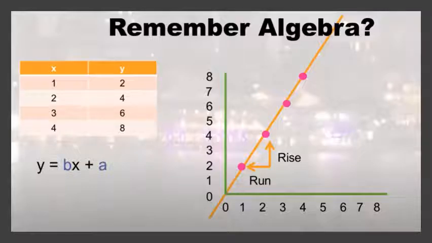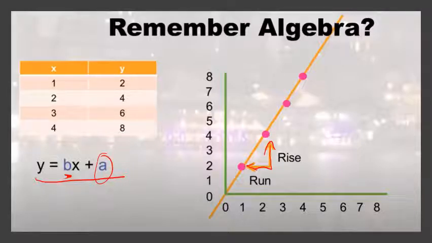And then we knew that this was the equation for the line, where B was the slope. And remember, the slope was rise over run. Remember that whole thing? And then your A was going to be your y-intercept.